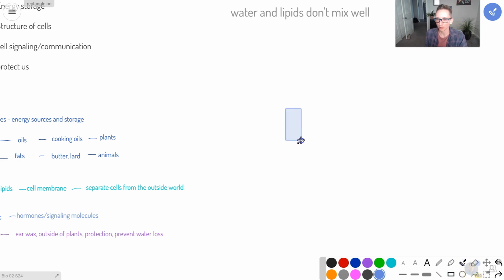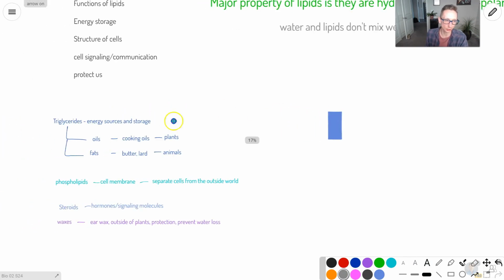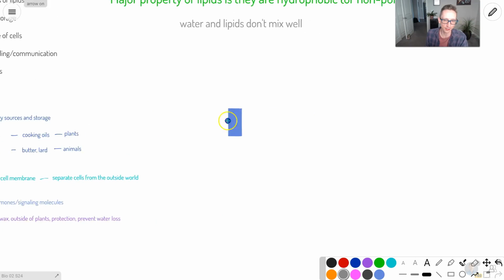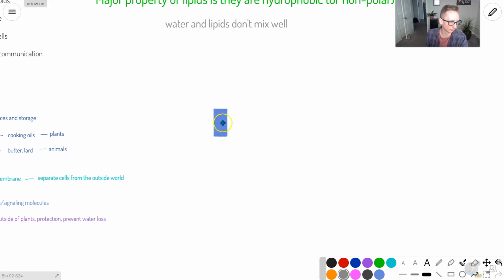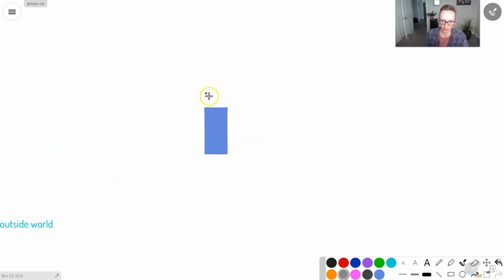It's a glycerol molecule, and then there are ester bonds, but I don't really care that you know that. And we've got these things coming off of them. And guess what? It's called a triglyceride. This is where the glycer comes from. This is actually a glycerol. This would be a glycerol molecule.